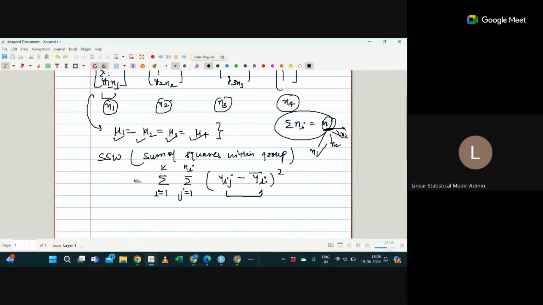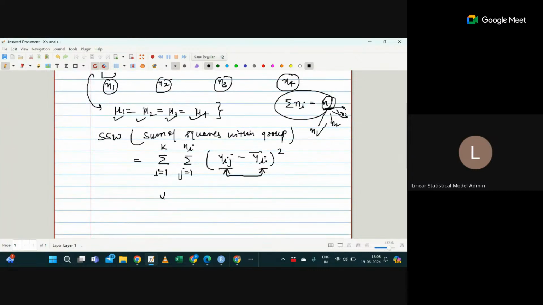If you observe this formula carefully, y bar i dot means 1 upon ni, summation of j equals 1 to ni of yij. Can you tell me what you understand by this formula?